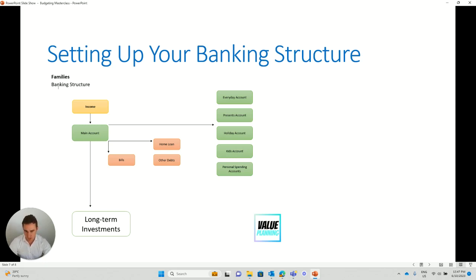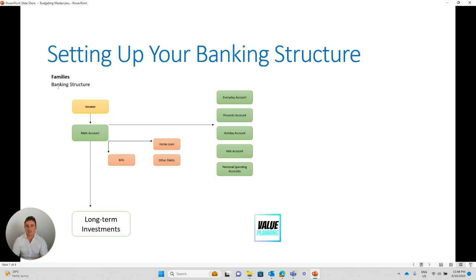Then your other accounts are going to be your personal spending accounts. Okay, so personal spending accounts will have a card attached. Okay, it won't be a shared card, it'll be your card. So typically what I do for the families is both partners have their own personal spending account.